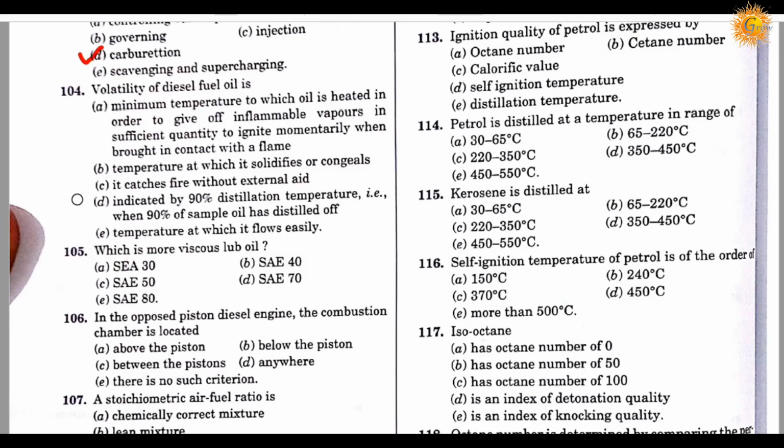So the correct answer is D, indicated by 90% distillation temperatures, that when 90% of a sample oil has distilled off.